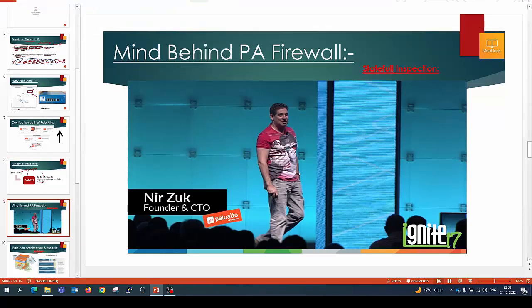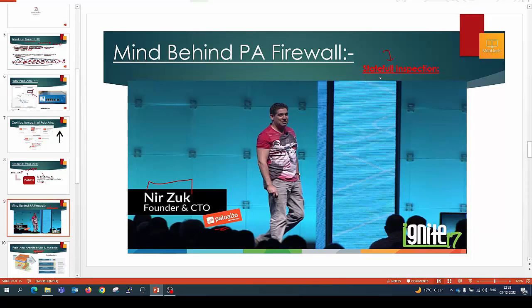So here is the person. His name is Nir Zuk. He's the founder and CTO of Palo Alto. I'm not sure whether you know the term stateful inspection, right? We'll discuss stateful inspection in great detail in some time. This stateful inspection technology, which nowadays all next generation firewalls use, was developed by Checkpoint.